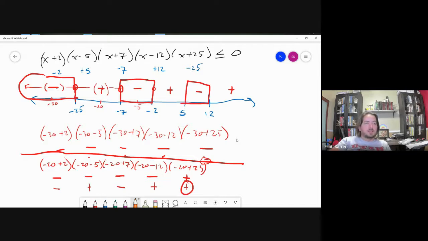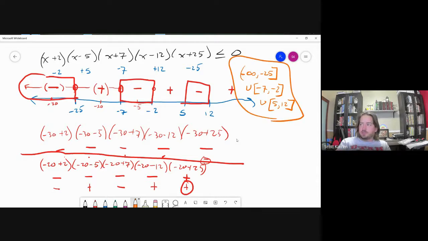So my final answer to this question is from negative infinity up to and including -25, unioned with -7 to -2, and unioned with 5 to 12. That is where it's less than or equal to 0.